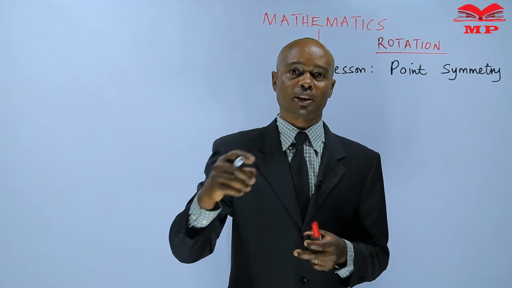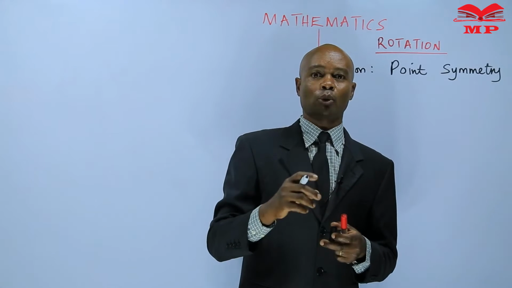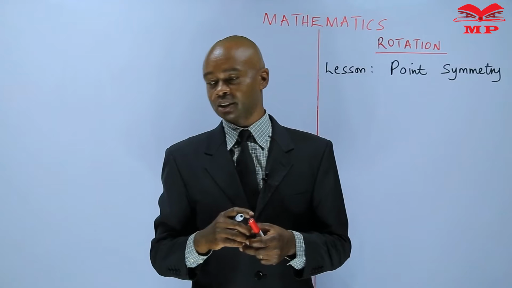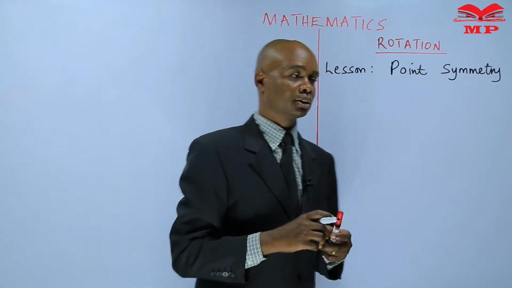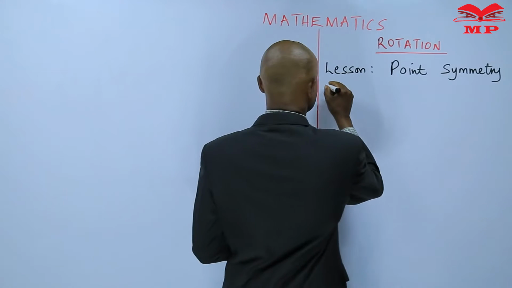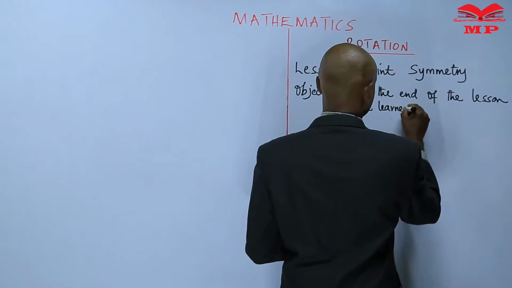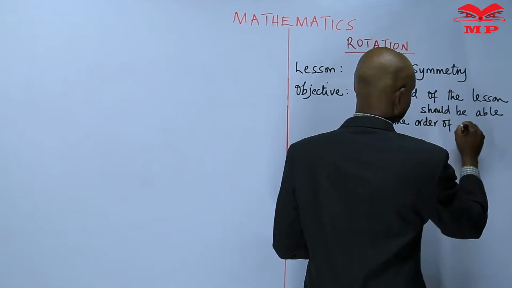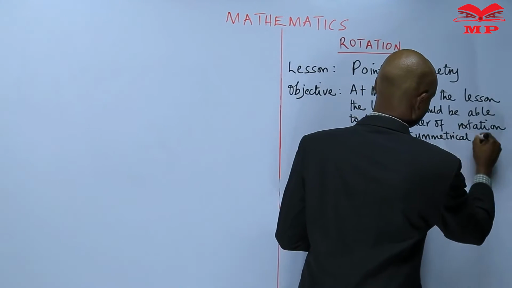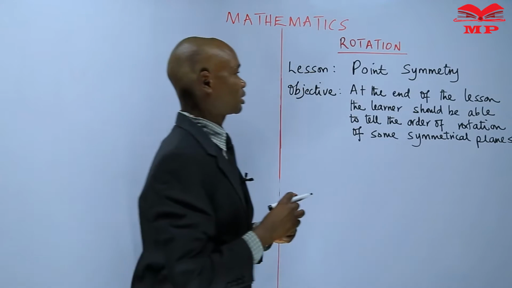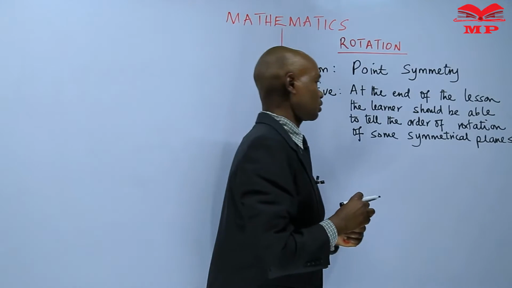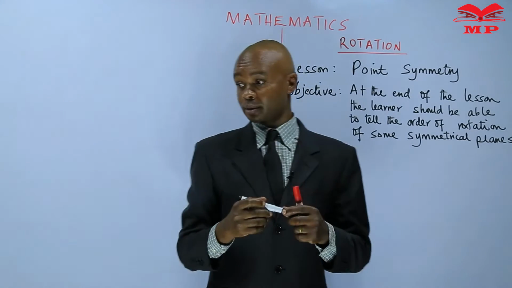How many times will they fit onto themselves when rotated through a complete 360 degrees? So the learner should be able to tell the order of rotation of some symmetrical planes.